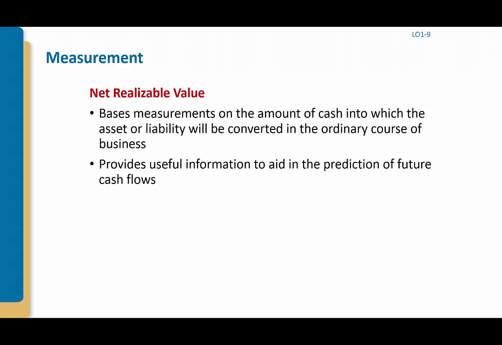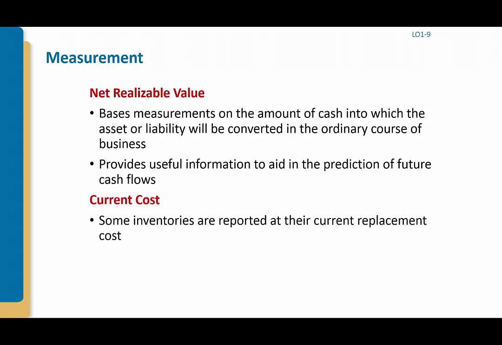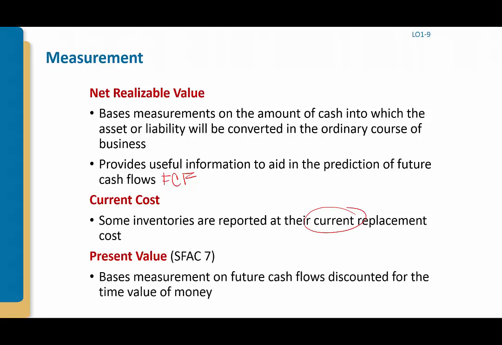Net realizable value is basically measuring the amount of cash that will be converted in the ordinary course of business. It gives us a better prediction of future cash flows. For inventories, you might want to report them at the current replacement cost.